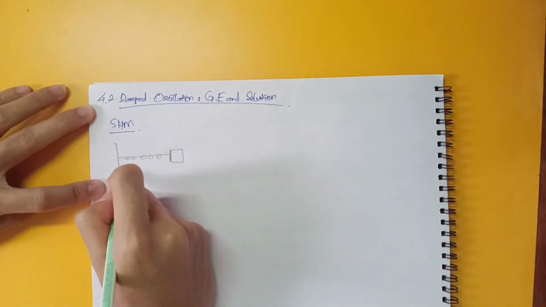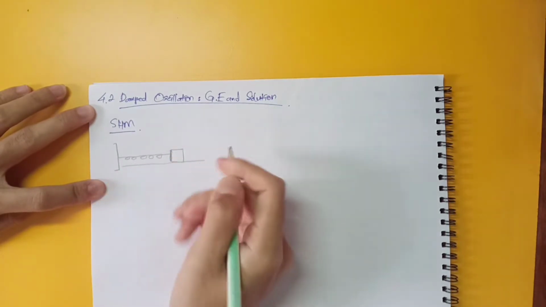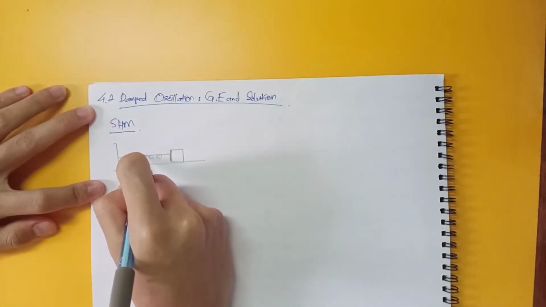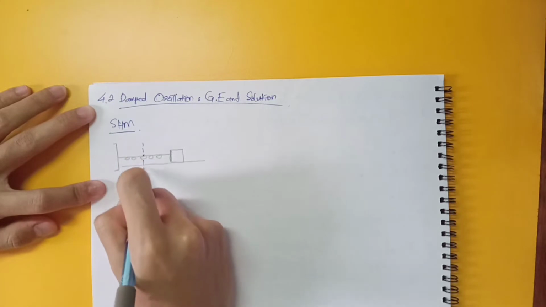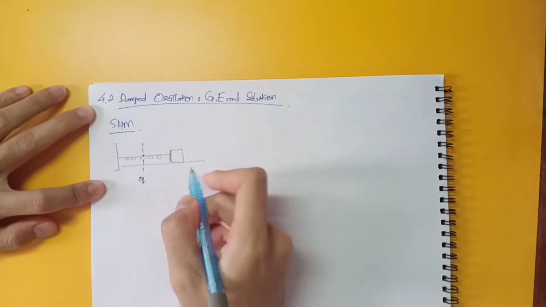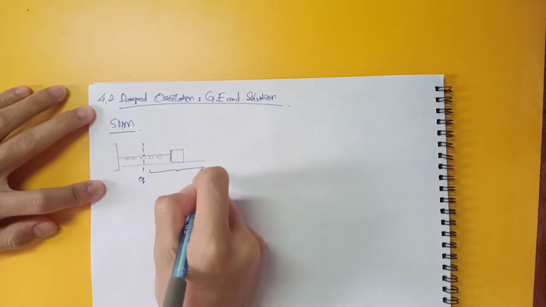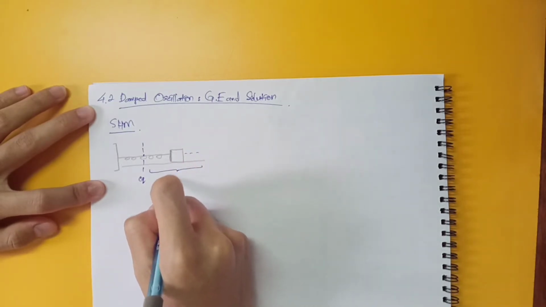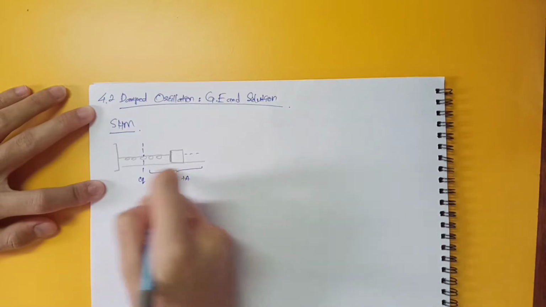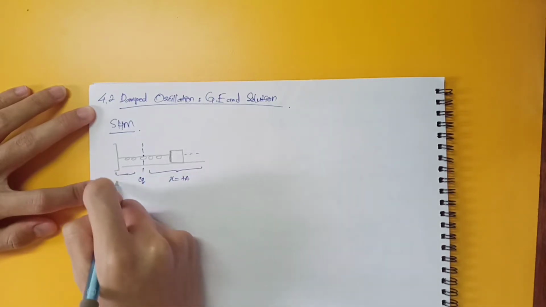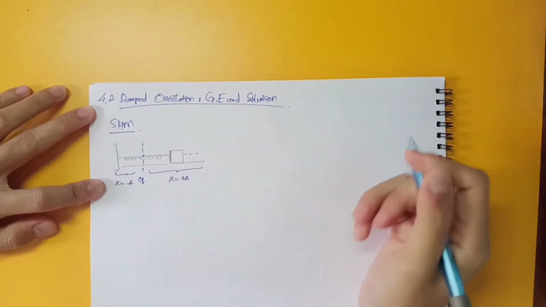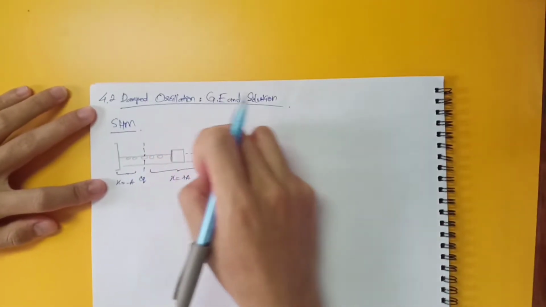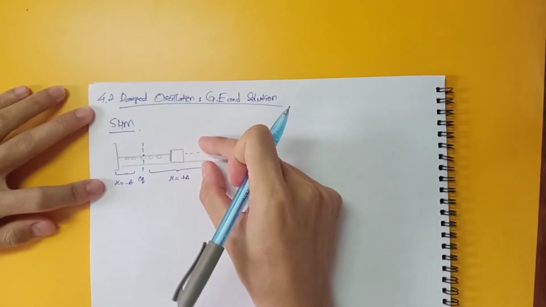At the same time we have the ground here, and the center here is the equilibrium position, and right here we have the maximum amplitude, which is x equal to plus A, and here is the opposite, which is x equal to negative A.